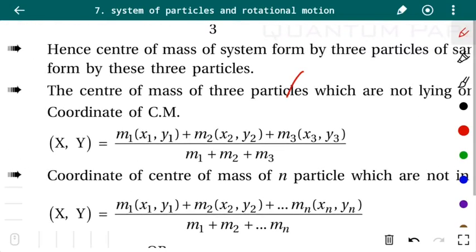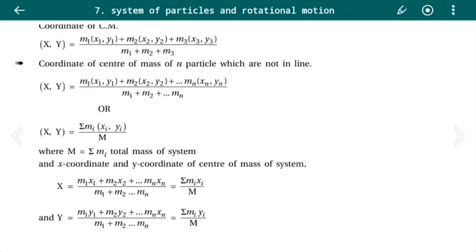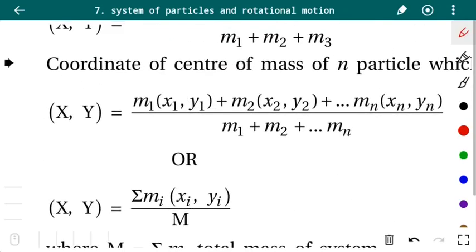In general, we can write like this because we are taking summations. So writing sigma, we are taking the product of the mass and the position. So in general, we can write m, and the position (x, y). But here we can see that each particle is denoted by the number 1, 2 up to n. So in general, we can write the variable i.